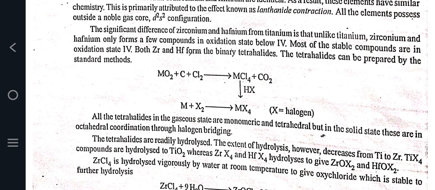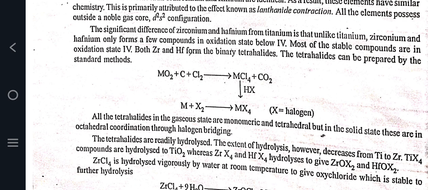The tetrahalides can be prepared by the standard method. All the tetrahalides in the gaseous state are monomeric and tetrahedral, but in the solid state these are octahedral with coordination through halogen bridging. The tetrahalides are readily hydrolyzed. The extent of hydrolysis, however, decreases from titanium to zirconium.